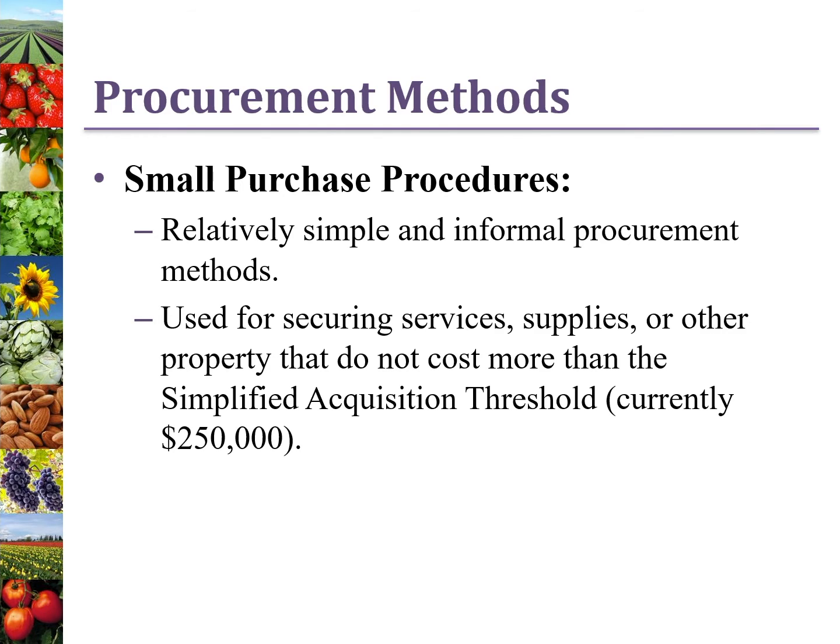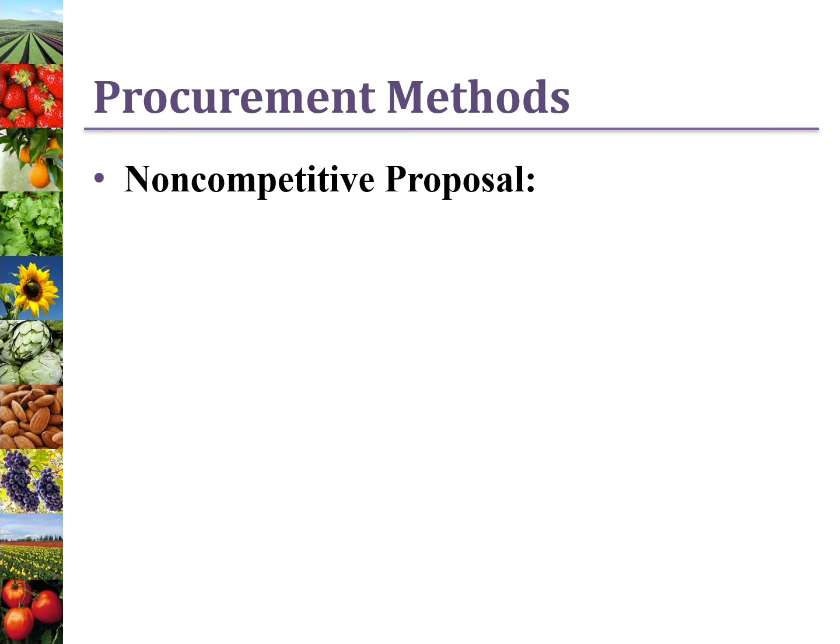This is a relatively simple and informal procurement method, which may be used for securing services, supplies, or other property that do not cost more than the simplified acquisition threshold, which is currently $250,000. If small purchase procedures are used, price or rate quotations must be obtained from an adequate number of qualified sources.